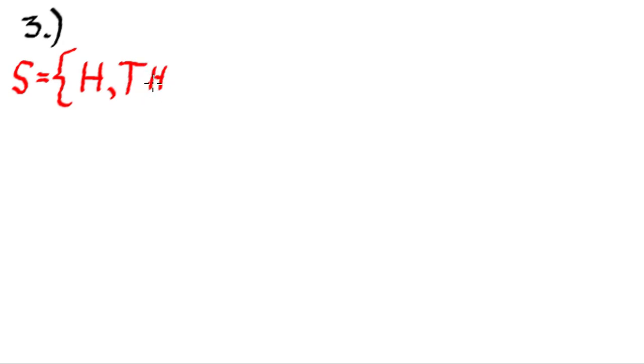So therefore you have tail and head. How about if you got it on the third toss first? Meaning you have TTH. How about if you got the first head on the fourth toss? So we have T, T, T, H. And actually, we have this infinite number of sample spaces.